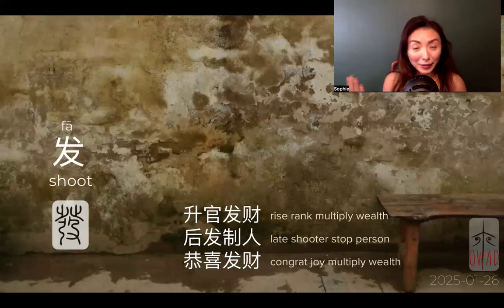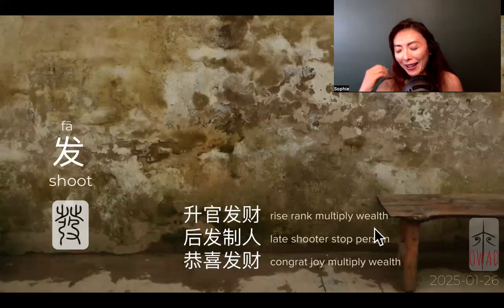So in Chinese culture, especially, we set the expression 发财, you see here, 发财, again. We put that into our set expression to show how important it is that we can multiply our wealth. And we use 发, this is shooting, we're shooting your wealth.